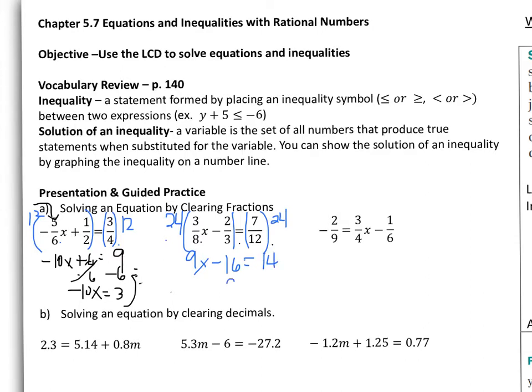And then we add 16 to both sides. So on the right hand side now we get 30. And then we need to simplify. And then x would equal 3 1/3.